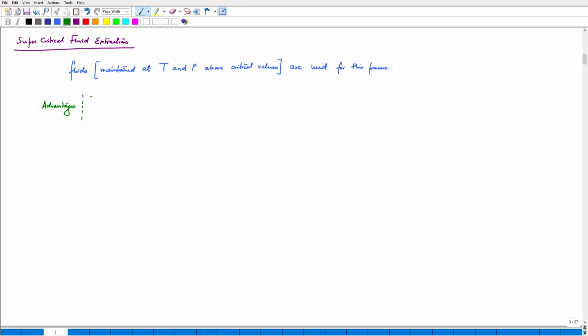Some of the key advantages are low viscosity of the fluid, high mass transfer, and high diffusivities, which means we have good control over what we are doing.